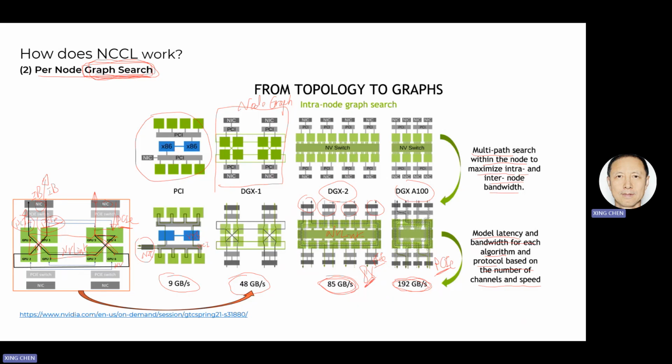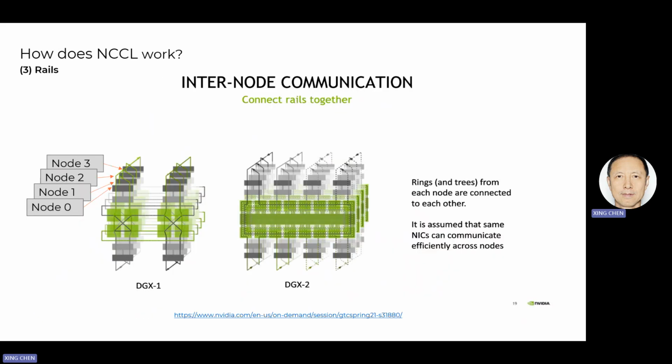Okay, now we need to move to step C, because right now, for step A and step B, we stay within a node. We build up the topology for the node.